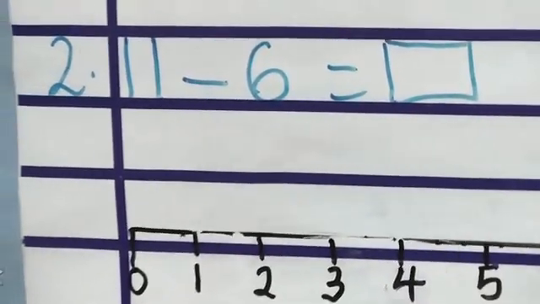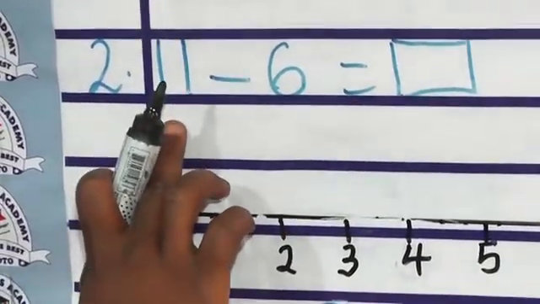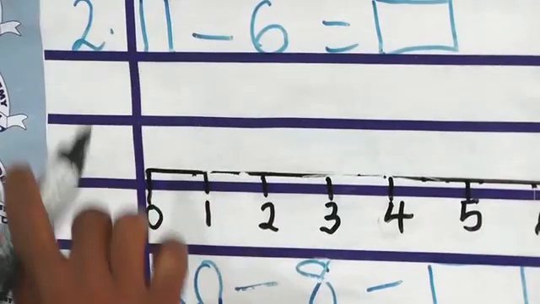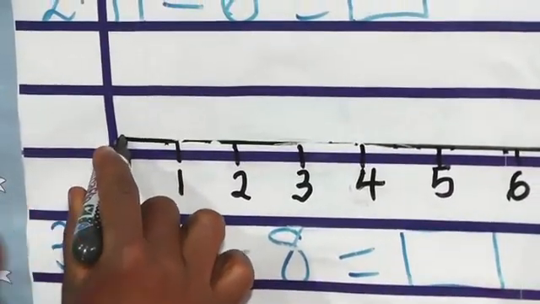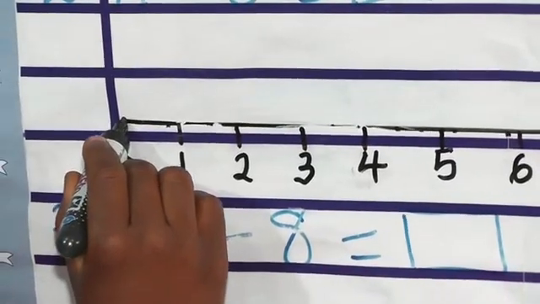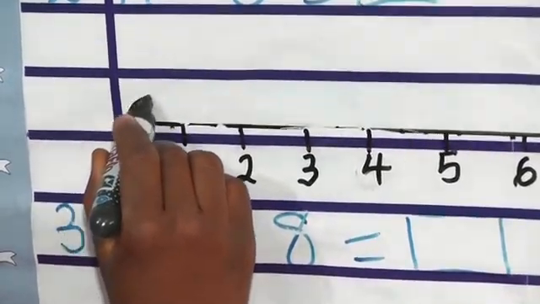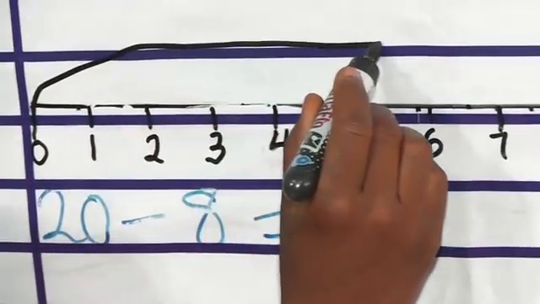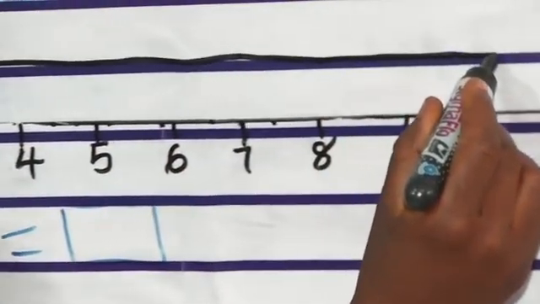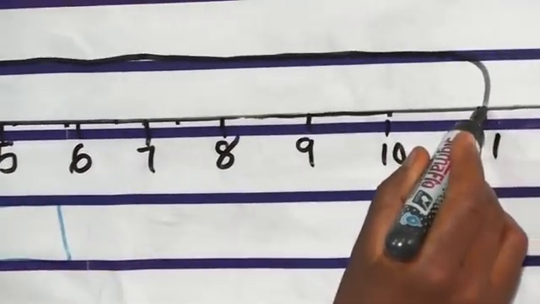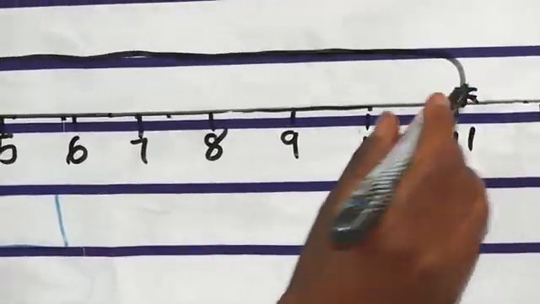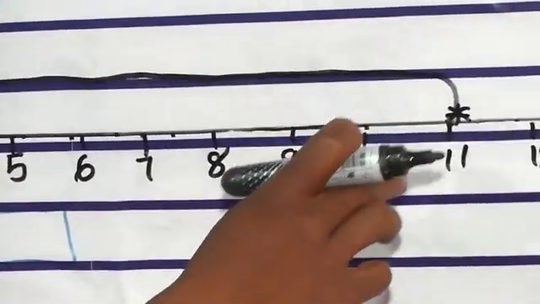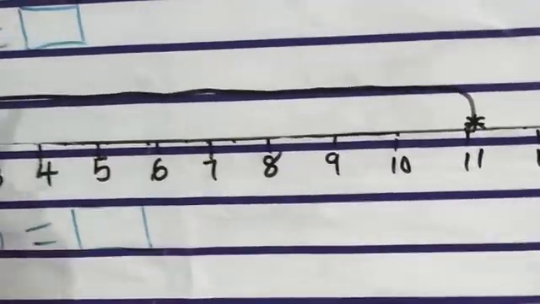Now remember, you pick the first number, which is 11. You draw your line from 0 to 11. Okay? When you're drawing your line, be careful. Now we draw it down to 11. Remember to put your star, indicating you are stopping here to subtract the next number.